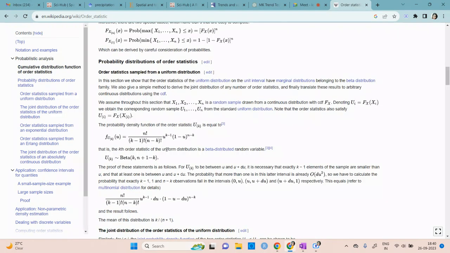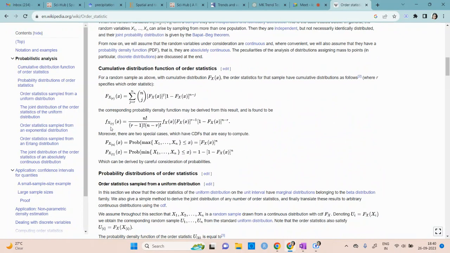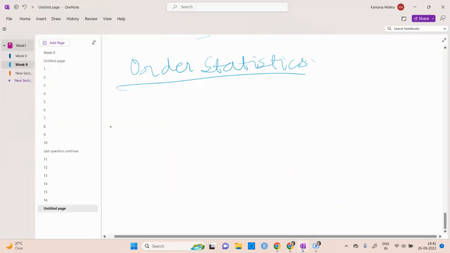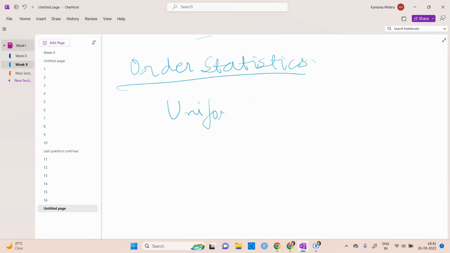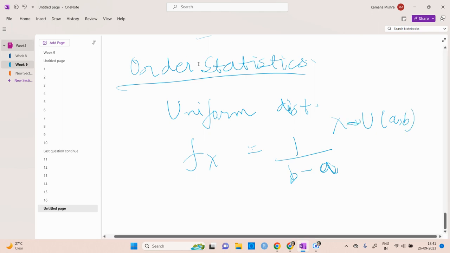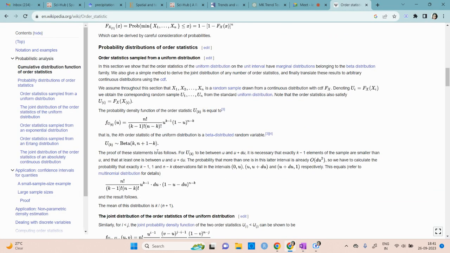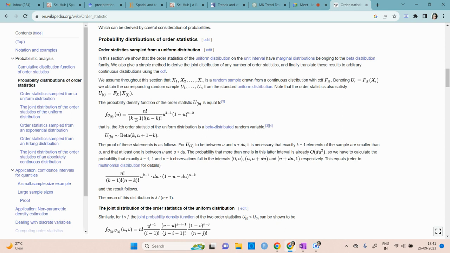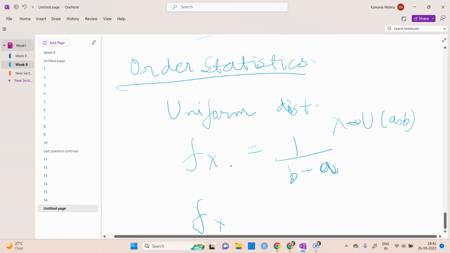Order statistics of a sample from the uniform distribution. If you have a uniform distribution, f(x) is 1 upon b minus a, if X follows U(a, b). But for the order statistics, U(k) is the k-th order statistic, for example the minimum, X(1), X(2), and so on.